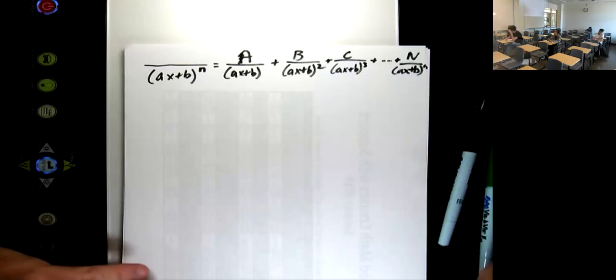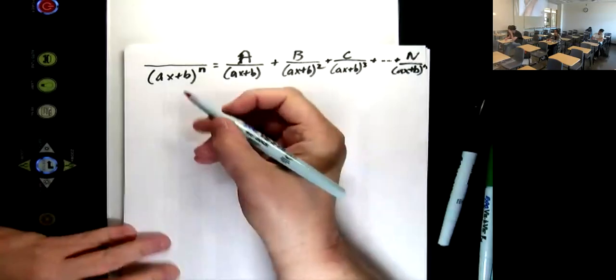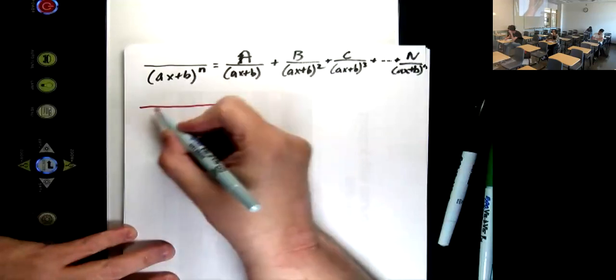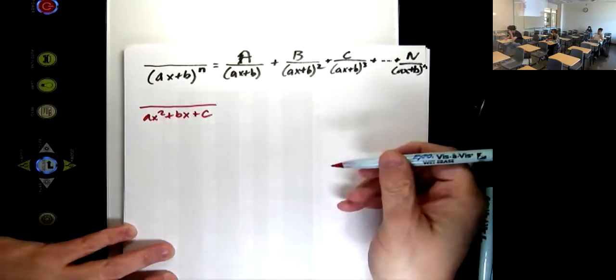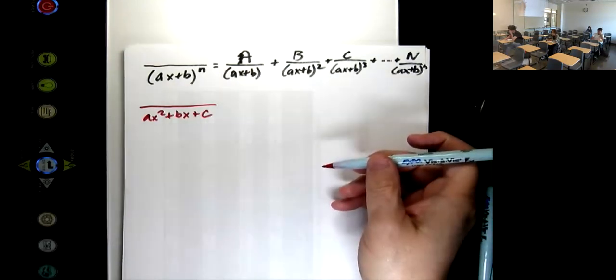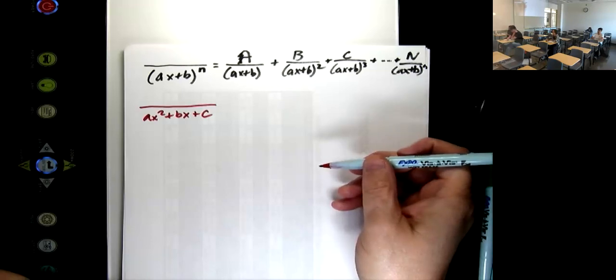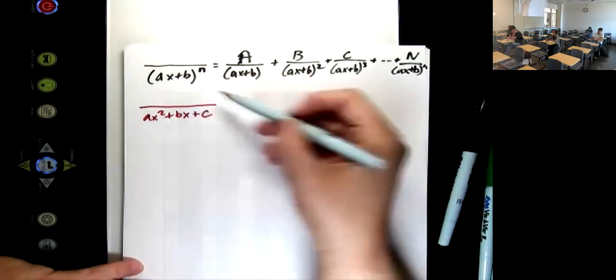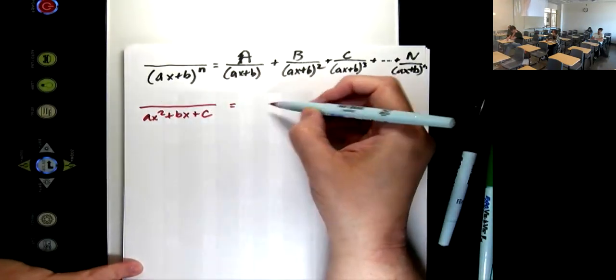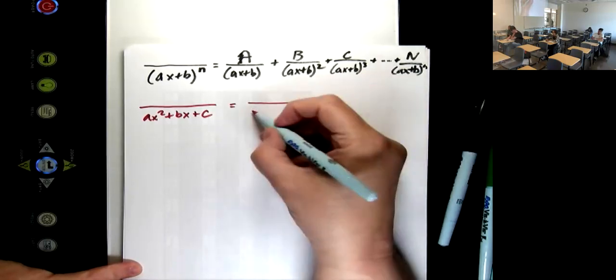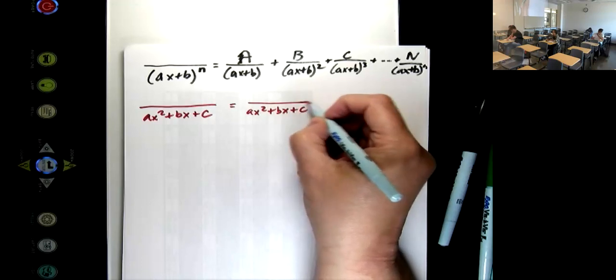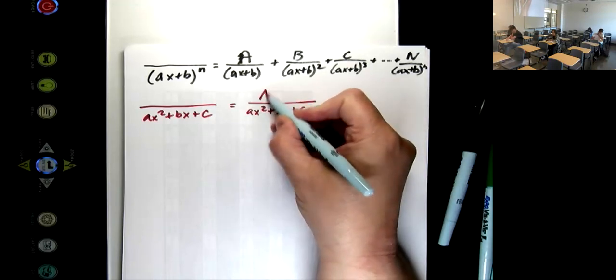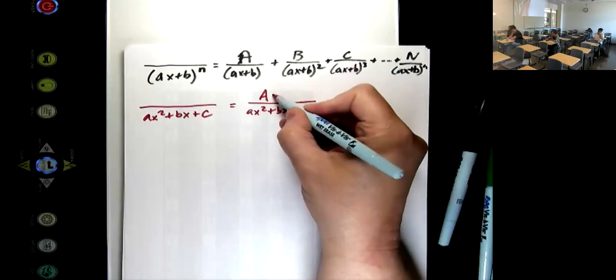The other weird thing that shows up is if we have something that just doesn't factor beyond ax squared plus bx plus c on the bottom. And let's say there are obviously other parts. This ends up having the same denominator. We know there's a constant there, but there might be an x.